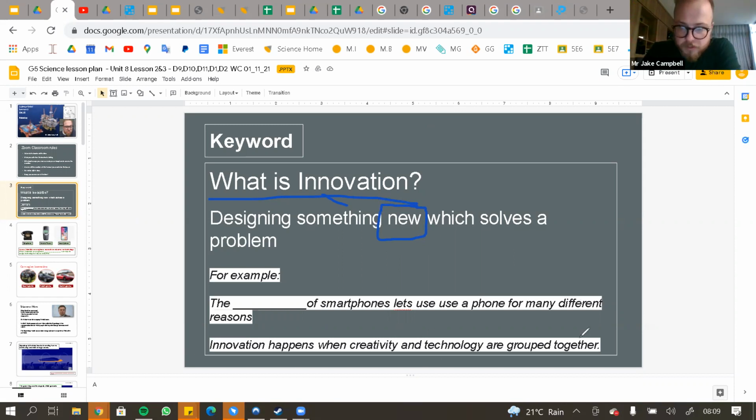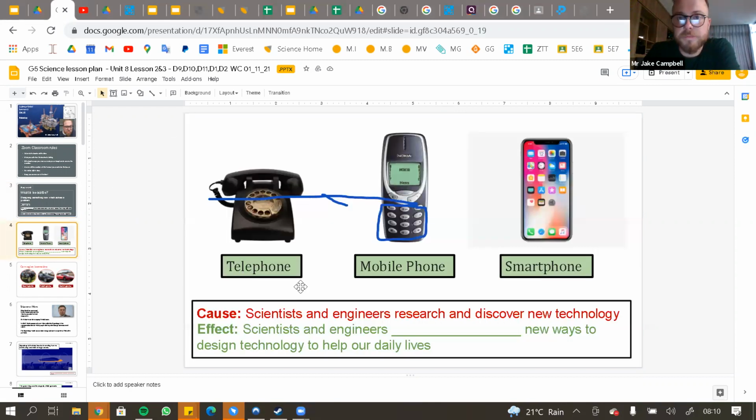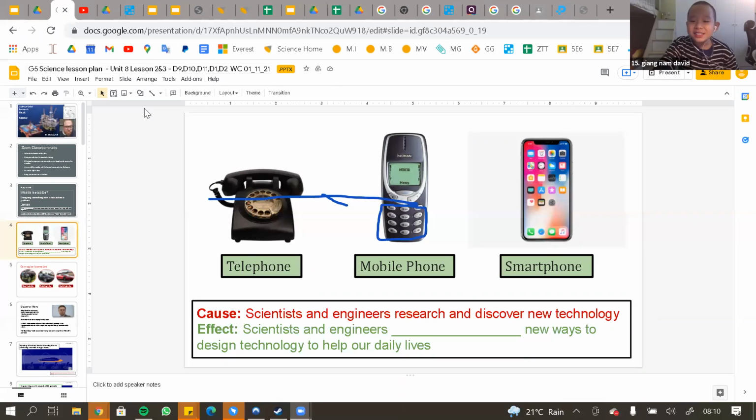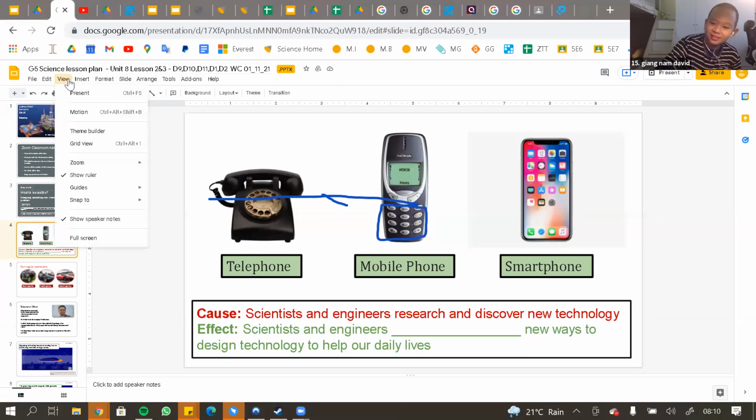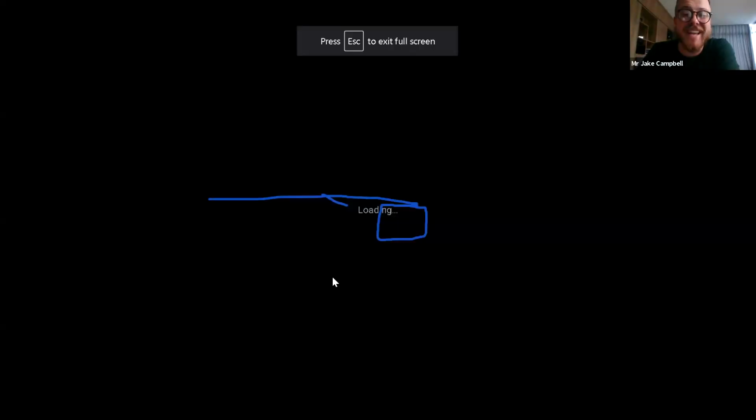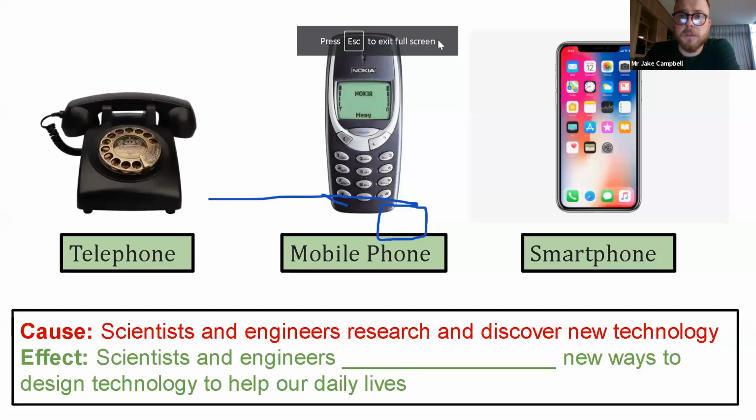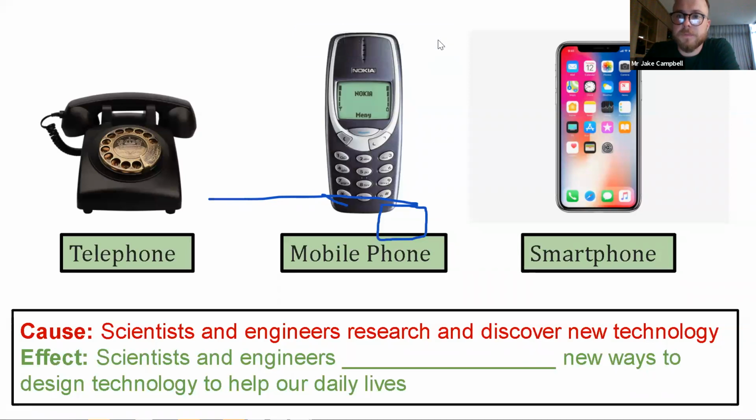So before we get onto the examples, I'm going to show you innovation. Let's get onto this big screen, shall we? This is the past to future, and it shows us innovation in a product. This product was innovated 3 times.